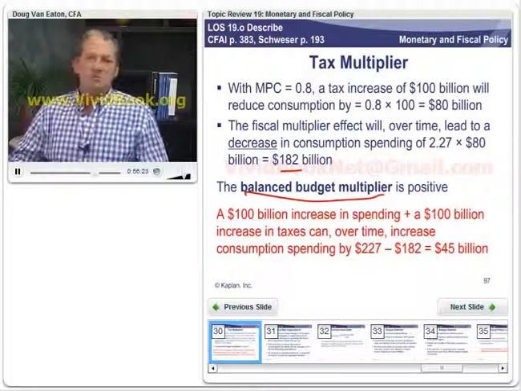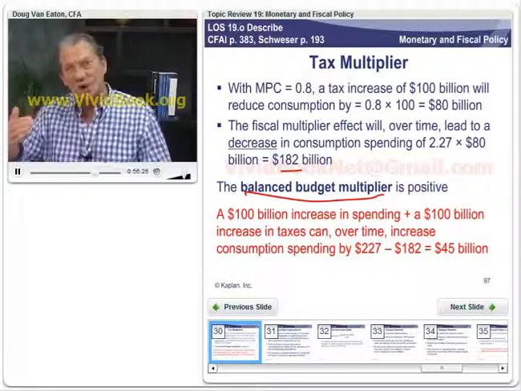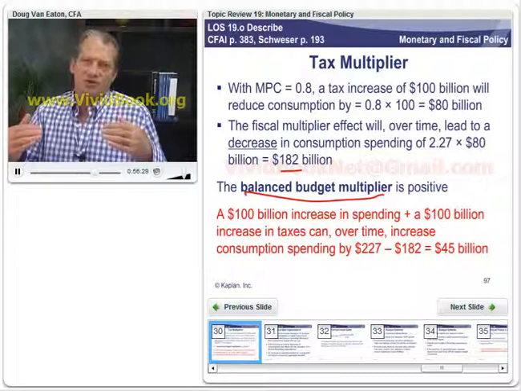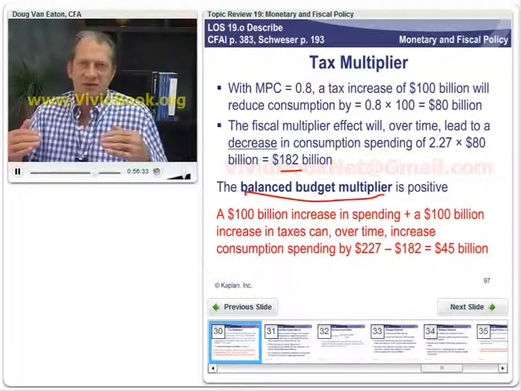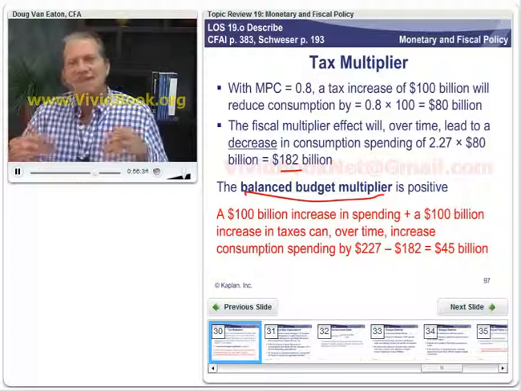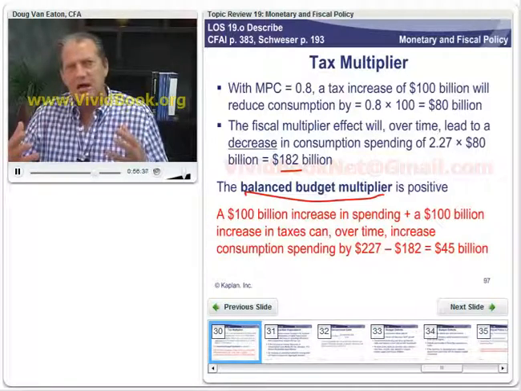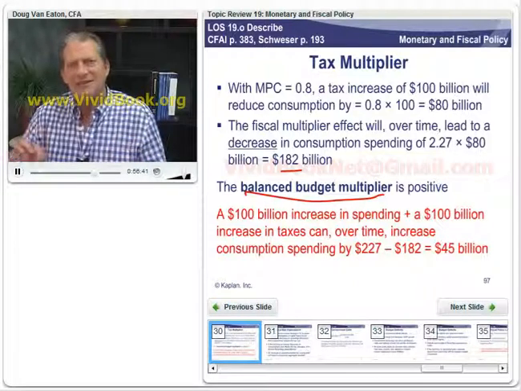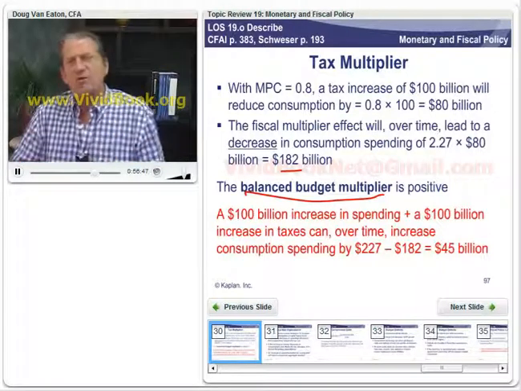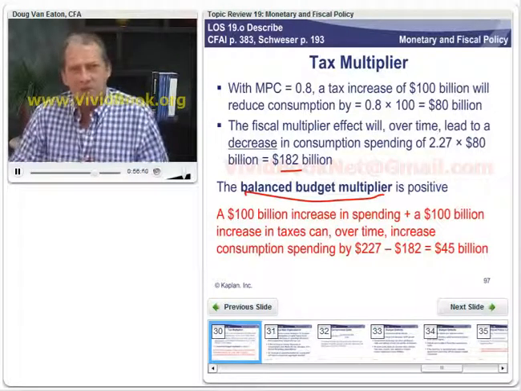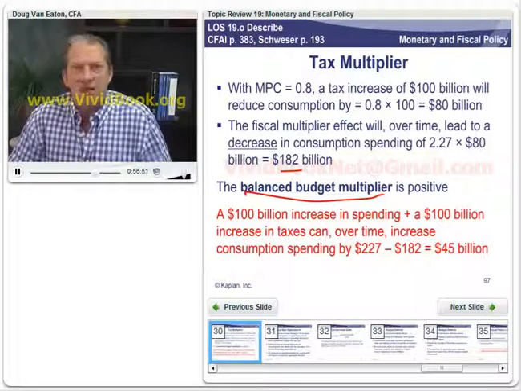Balanced budget meaning we increased taxes by 100 billion and we increased spending. So it was so-called revenue neutral, didn't affect the deficit. And yet it still has a positive effect on the economy. The reason being is that this tax multiplier is smaller than the spending multiplier. That's why we say the balanced budget multiplier is positive.